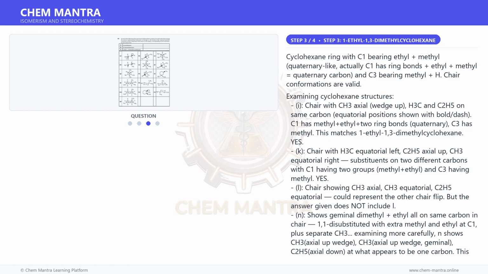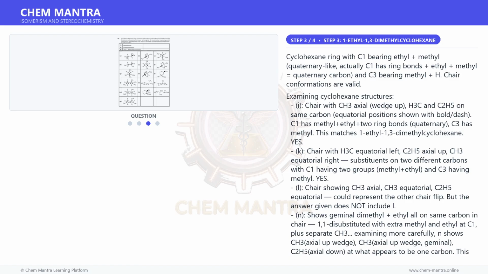But the answer given does not include L and shows geminal dimethyl plus ethyl all on the same carbon in a chair. Examining more carefully, it shows CH3 axial up wedge, CH3 axial up wedge, geminal, C2H5 axial down, at what appears to be one carbon. This would be 1,1-dimethyl, 1-ethyl, which is impossible for a ring carbon, as it would be five-bonded. Not a valid conformer.